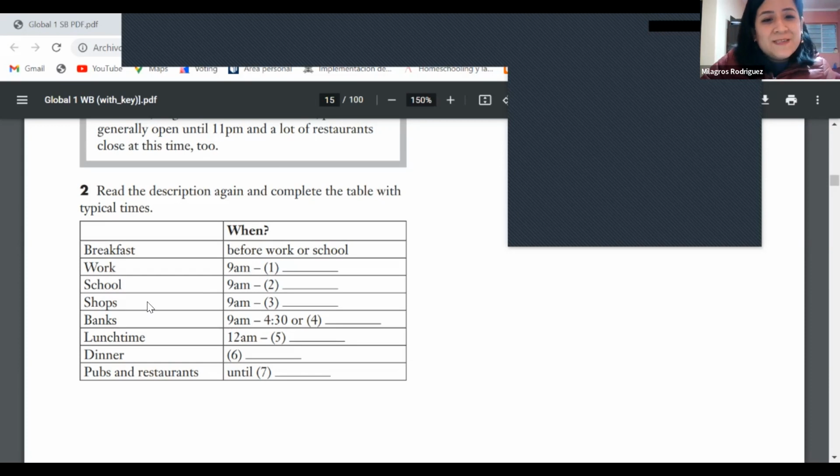So the shops we mentioned a moment ago are open from 9, but they are closed early. At what time? Maybe 5:30. Other shops open at 10 a.m. Ah, yes. In Peru, the shops don't open so early, right? They open like at 11.